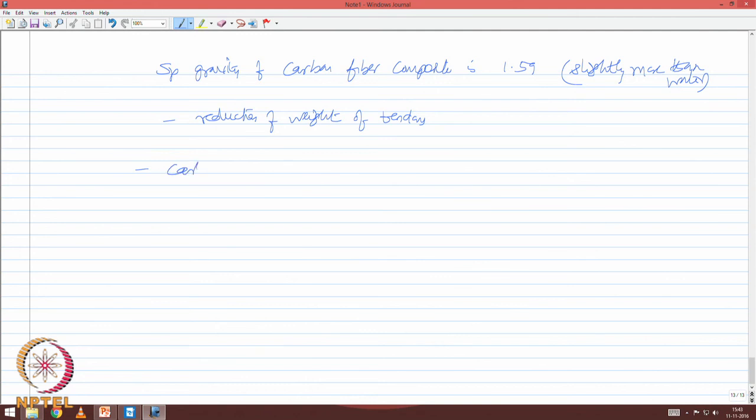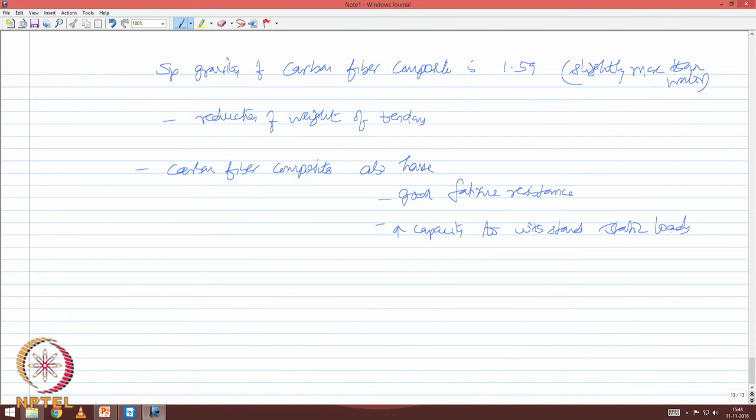The carbon fiber composites also have good fatigue resistance and high capacity to withstand static loads.